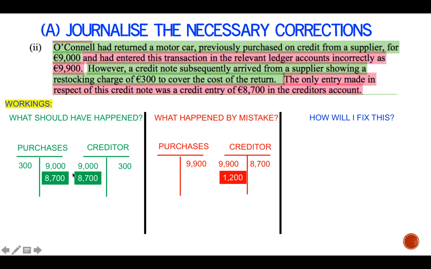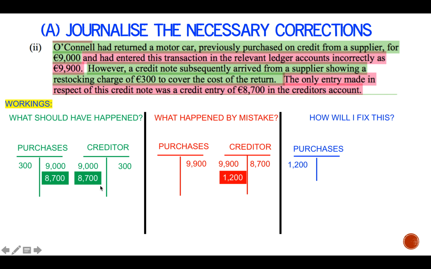So we know that we want 8,700 on the credit side of the purchases account, and what do we have? We have 9,900. So what we need to do is debit 1,200. Get rid of 1,200 of this, and then we'll have the 8,700. With the creditor account, what we want is 8,700 on the debit side. What we have is 1,200 on the debit side.